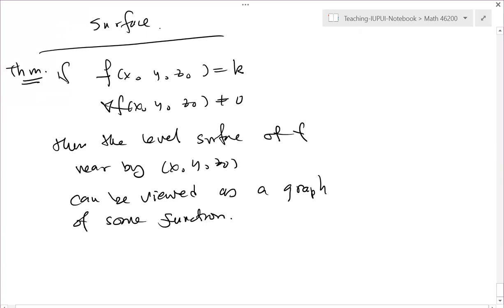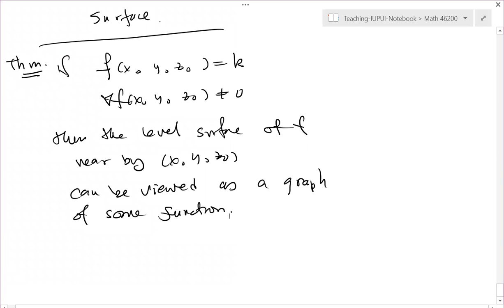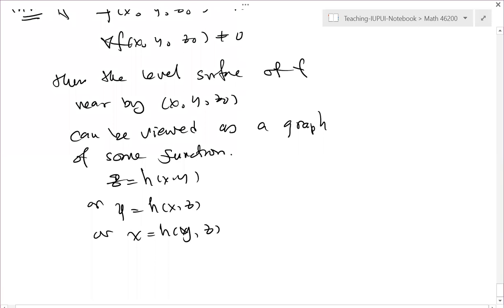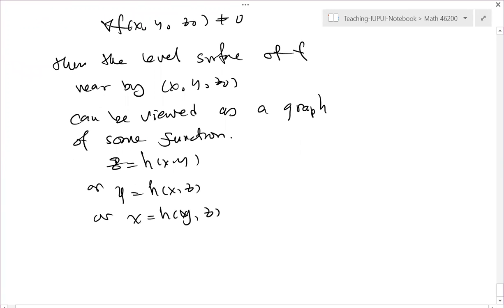It depends on the problem. These are z equals h(x, y), or y equals h(x, z), or x equals h(y, z), depending on the partial derivative of the original function at that point. Either you can solve for z, or solve for y, or solve for x. That's the statement.